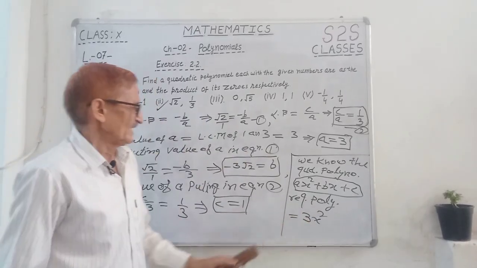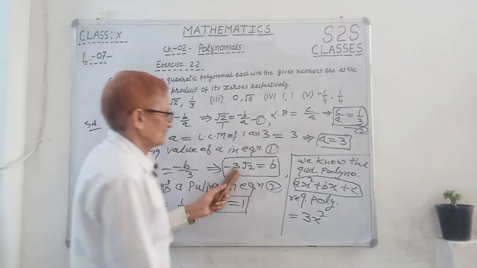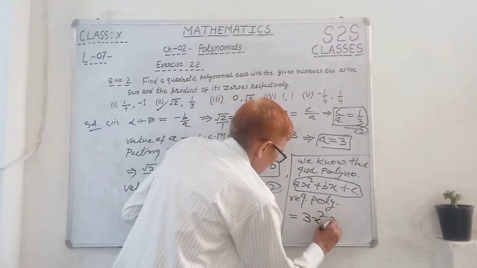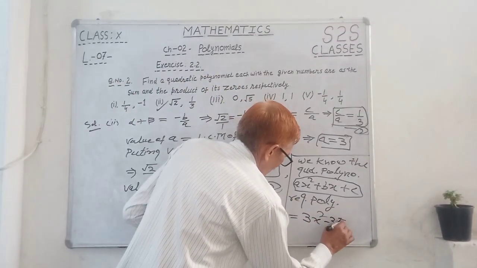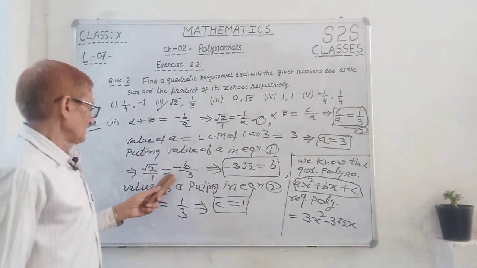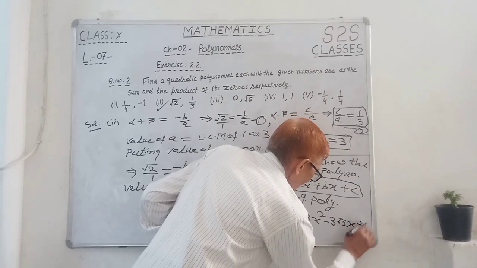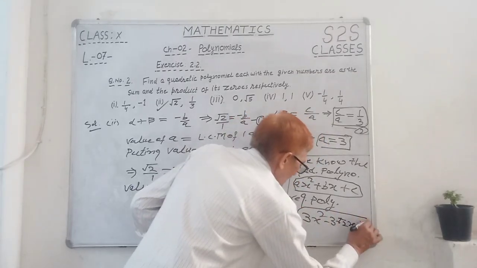Then 3x square, because a is 3 and b is minus 3 root 2, so minus 3 root 2x, b value put, and then plus c value is 1, so plus 1. So this is our answer.